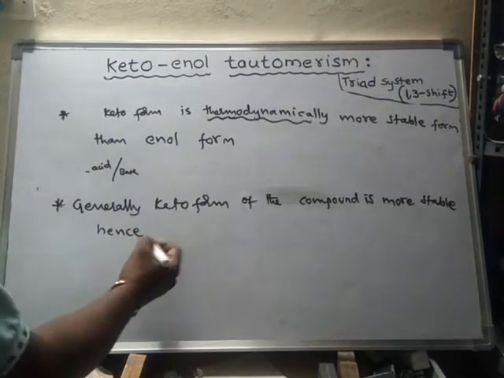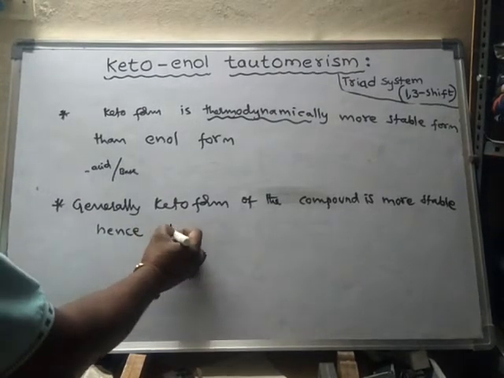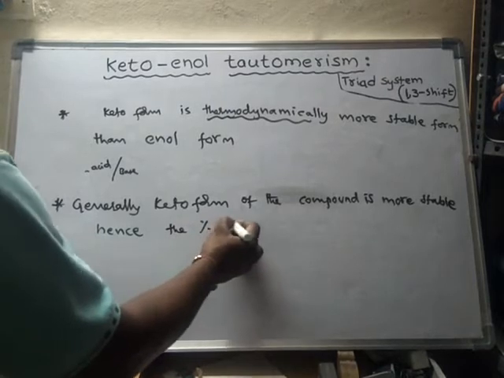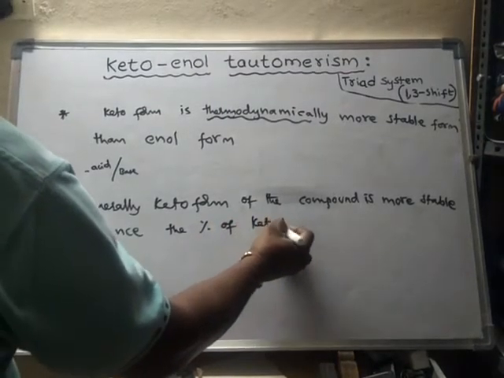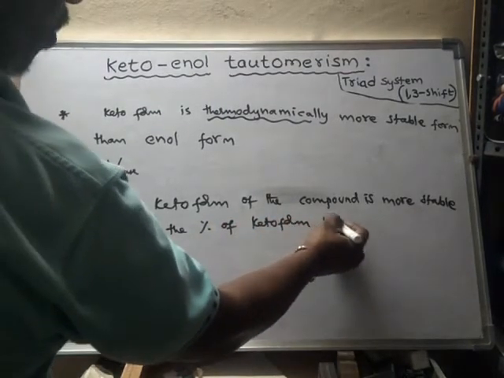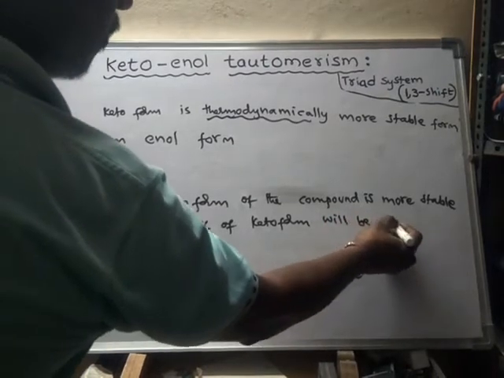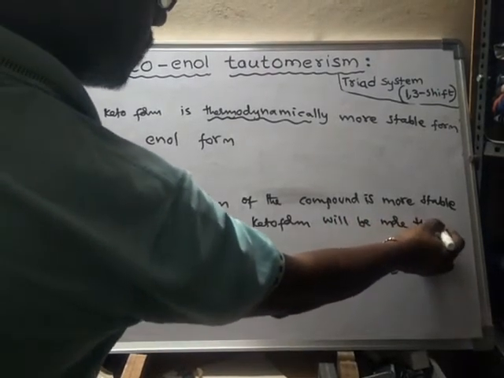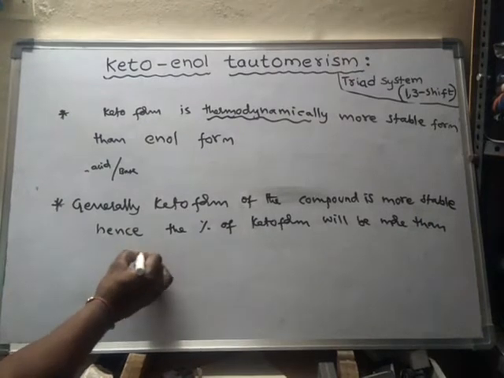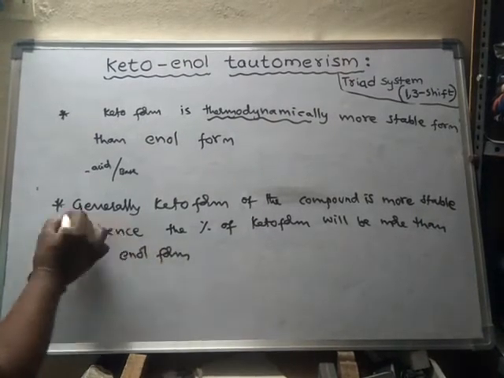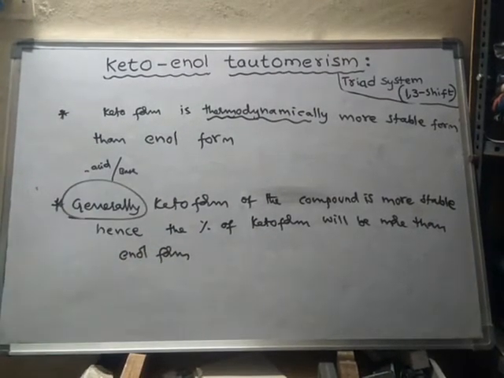Hence the percentage of keto form will be more than enol form. So generally it will be like that, that is, the percentage of keto form will be more than the enol form.